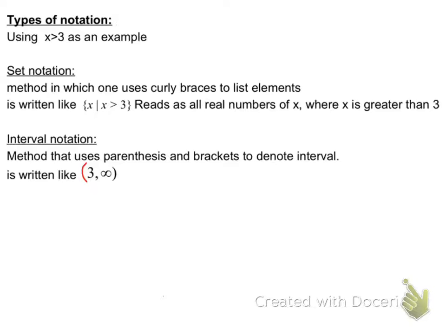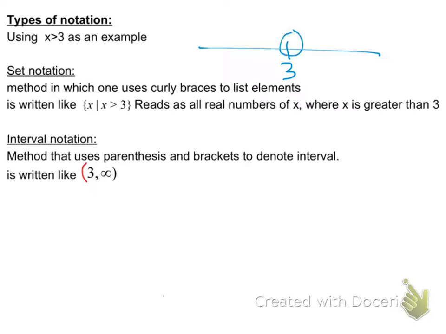There are 2 types of notation that we're going to use. We're going to use set notation and we're going to use interval notation, and I want both for your work. Now, I'm going to use the fact that x is greater than 3 as an example. Everyone should be able to say, I'm going to make a line, and is that an open dot or a closed dot at 3? Open.